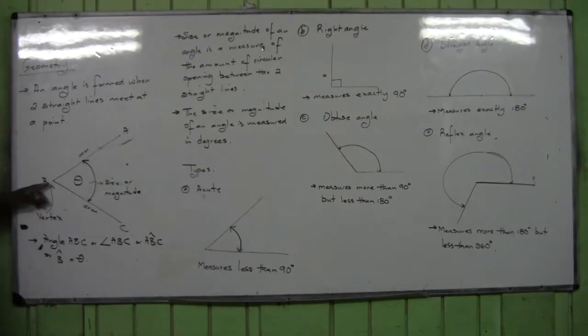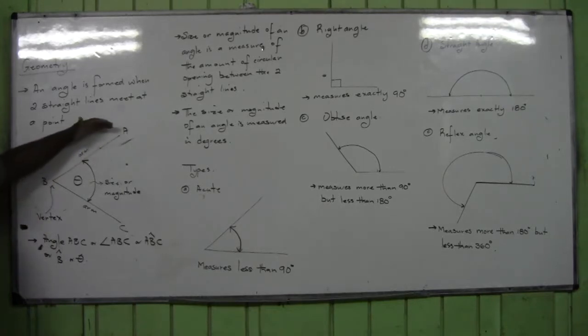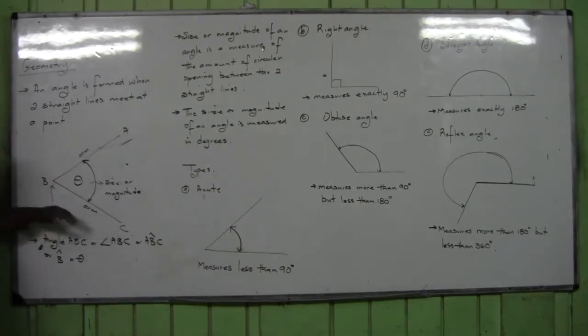The point where the two straight lines meet is called the vertex. So this is angle ABC, and B is the vertex. What is the vertex? The vertex is where the two straight lines meet. Now, this angle may be referred to as angle ABC.